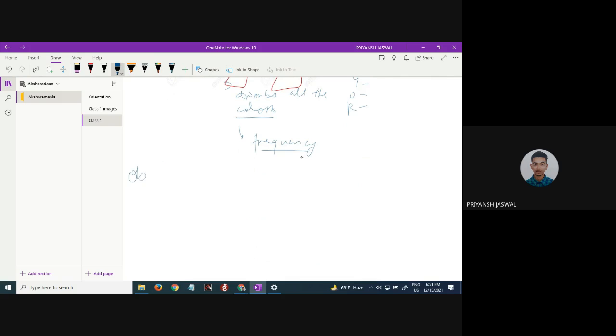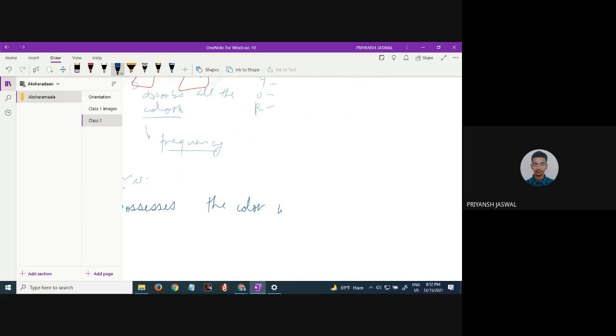So let's quickly note down the observations. Object possesses the color which it reflects back.